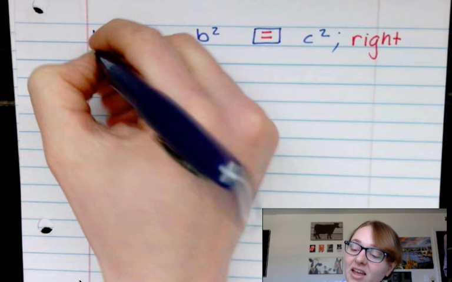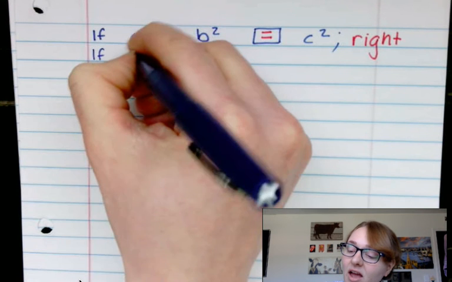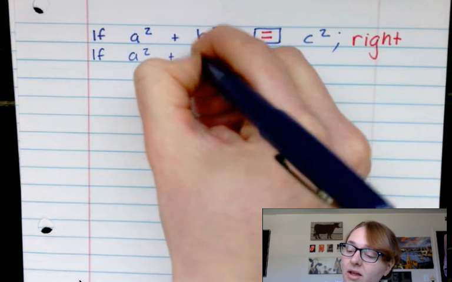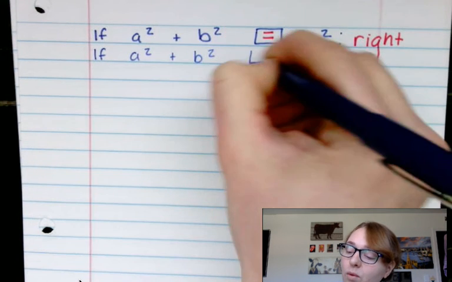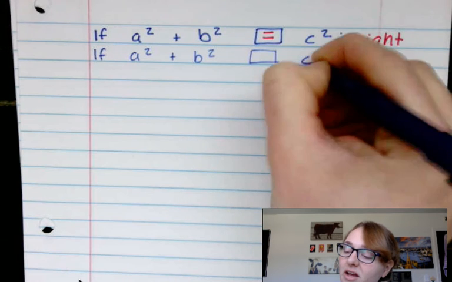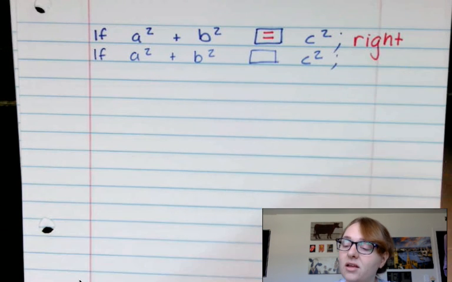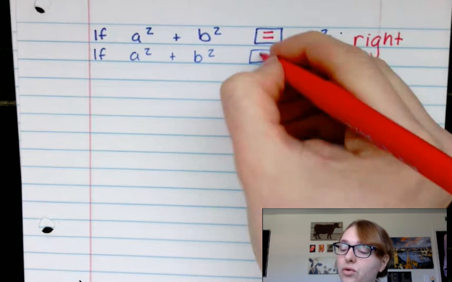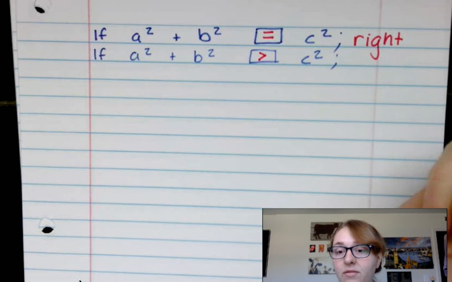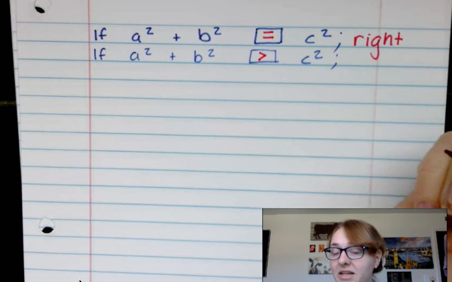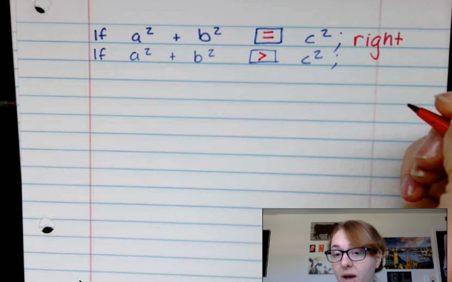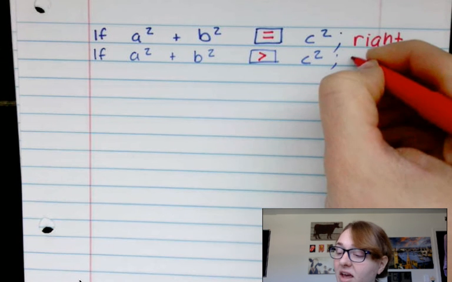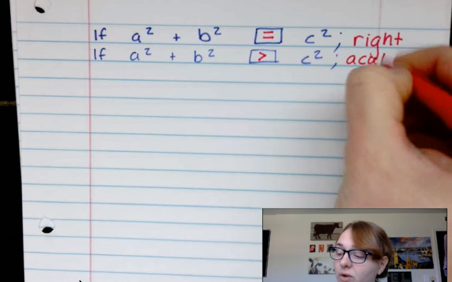We have if a squared plus b squared, ooh, it's a mystery. If a squared plus b squared is greater, if the sum of our squared legs here is greater than the square of our hypotenuse, then we have an acute triangle.